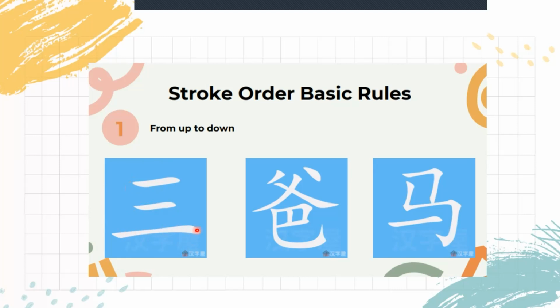So when you learn this organized and structured way of writing the words, after you have mastered it, it will automatically be embedded into your brain, and you can write any other Chinese characters because you already know how to write the strokes in order by its basic rules, and it's very, very useful.